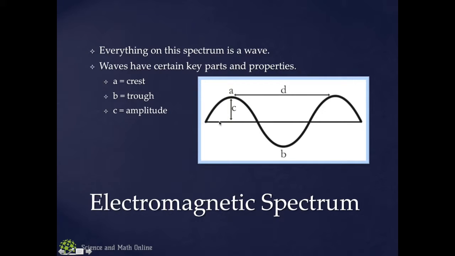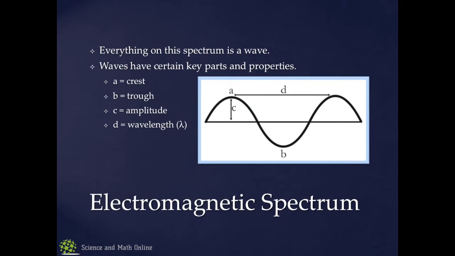C, the height from the midline to the top, or from the midline to the trough, is called the amplitude. And then the wavelength is from one point to when that point repeats. So from here to here, where we're at the midline going up to here where we're at the midline going up, that would be a full wavelength, the length of the wave.